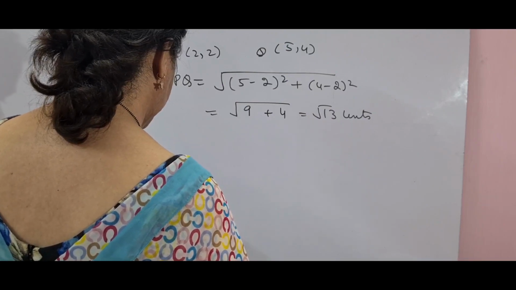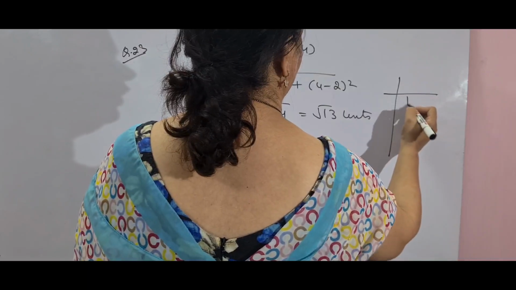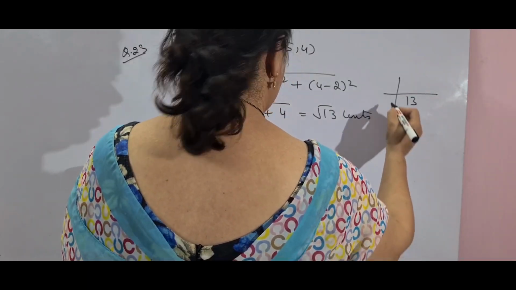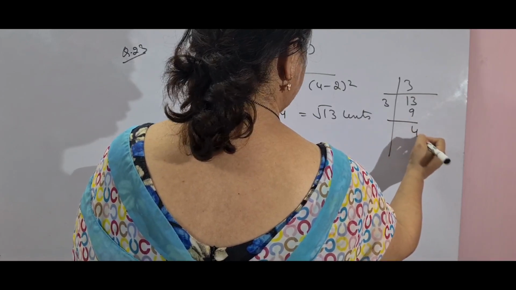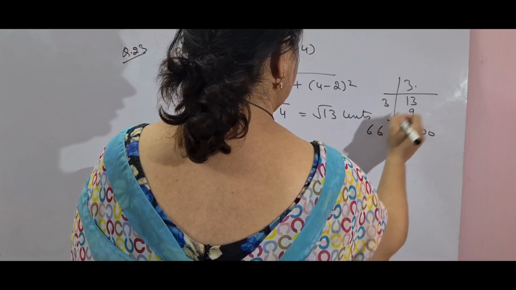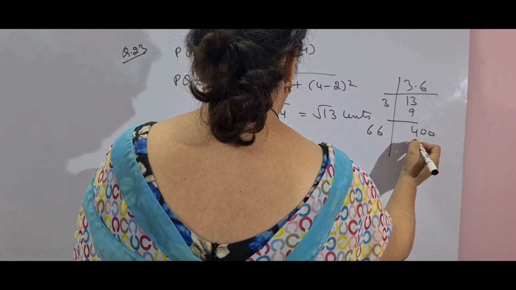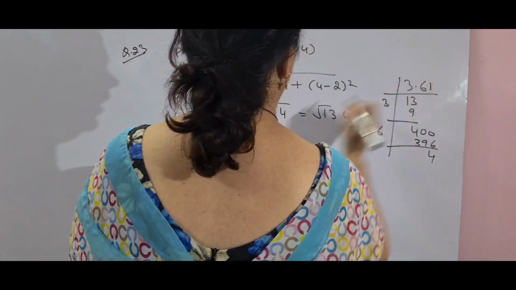Do the root of 13 by the division method. 3, 3s are 9, you know how to do this. This is 4.00, again 3, 3s are 6, 63.6, and you get 396, again 4 and 0.1, something like this you get, and this is your answer.